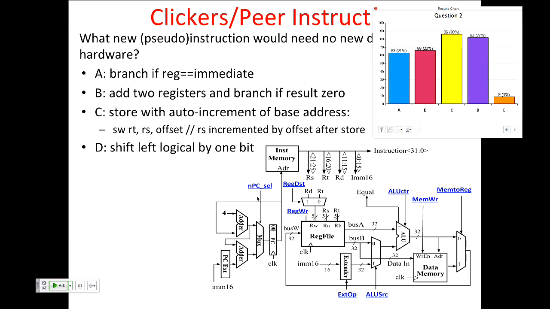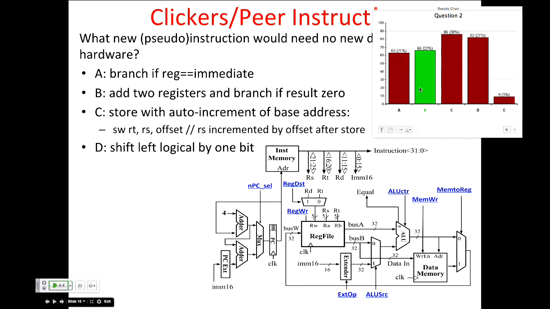Because really all I'm saying is that instead of the equals output of the ALU being just a simple, are these two numbers equal, I just say it's going to be add these two numbers and check if it's equal to 0. Then I can do that, because I'm just taking the machinery for a branch that I already have, and the machinery for the add, which I already have, and combining them. So B is going to be the closest thing to the right answer here.